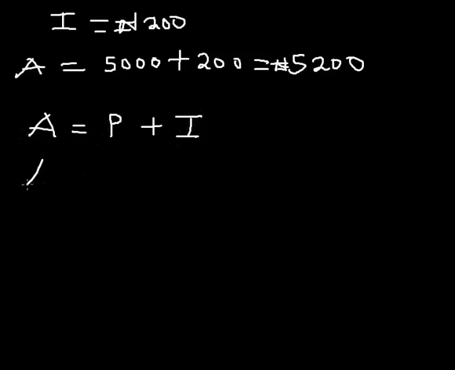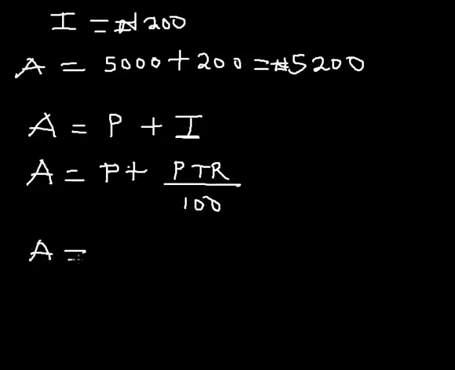So now, of course, we know very well that the principal is P. We know very well that interest is equal to P times T times R, then divided by 100. So I can factorize. P is common for the expression at the right hand side, so I'll factorize it out.